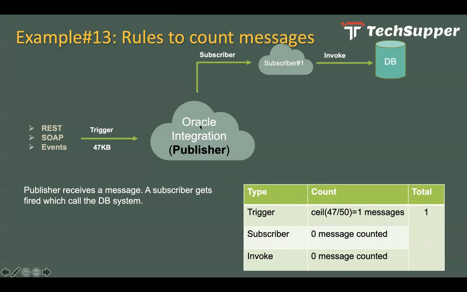Nothing will be charged even if you have multiple subscribers, right? 0 message counted, but again the subscriber will call that data, means the external system. Then the same rule will apply: if there is a response within the limit of 50 KB, nothing will be counted. And here in this case, in the whole scenario, only one message will be counted.